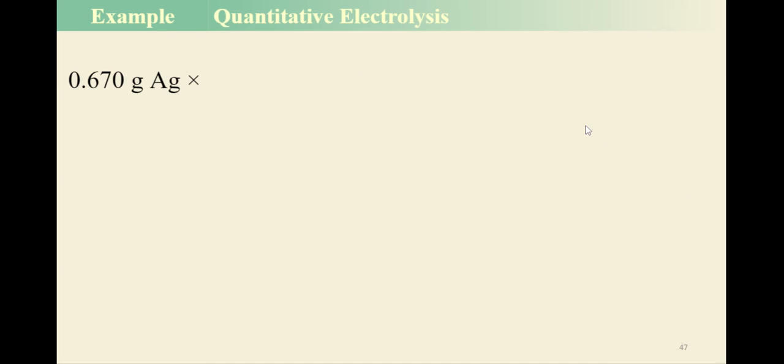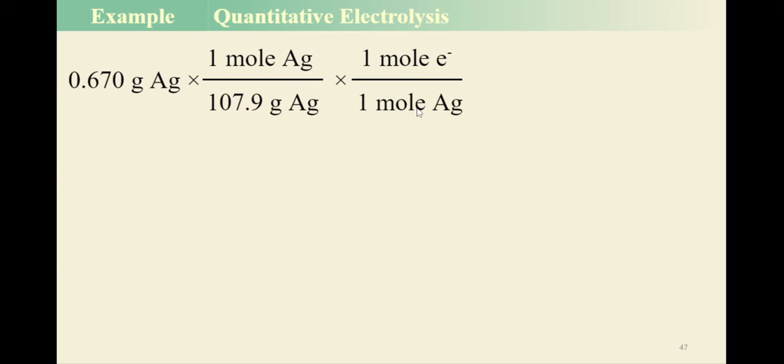Okay, that looks better. So 0.67 grams of silver. We're going to divide by its molar mass to get moles of silver. And then looking at the half reaction, every mole of silver is produced by 1 mole of electrons. And then using Faraday's constant, a mole of electrons has a charge of 96,500 coulombs.